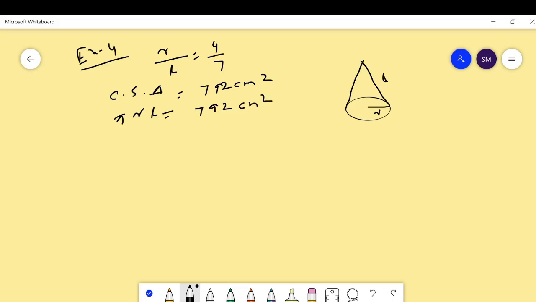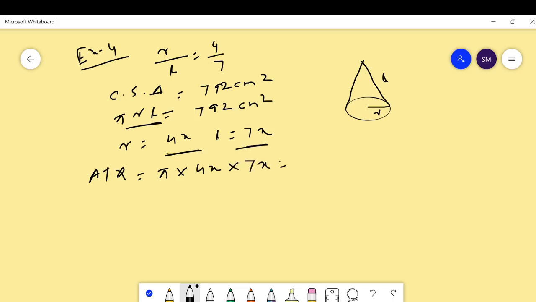Here r and l are in the ratio 4:7. Then let r is equal to 4x, l is equal to 7x. Put this 4x and 7x here. Then according to the question, pi into, in place of r we can write 4x, in place of l we can write 7x, is equal to 792.